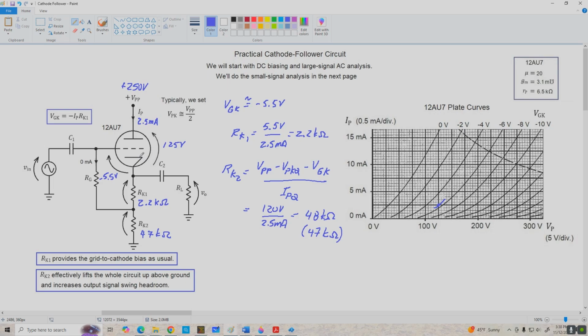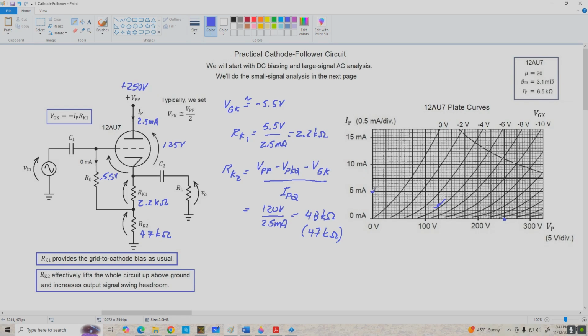And now we can construct the DC load line. Let's start with VPK cutoff. That's going to be 250 volts, so that's right here. The plate saturation current is going to be 2 times IPQ, so 2.5 mils times 2 is 5 milliamps.